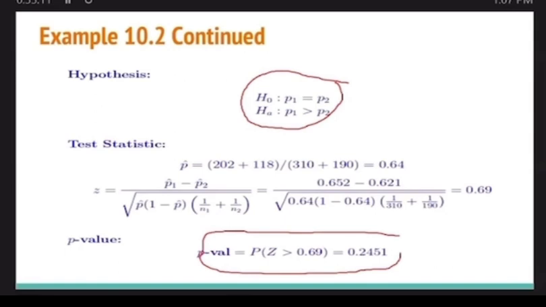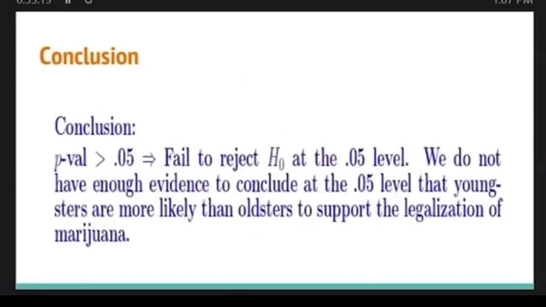Now, what is going to be the conclusion? Take a look at my conclusion. Because the p-value is greater than 0.05, we fail to reject H naught at 0.05. When an accused person is declared by the court to be not guilty, that doesn't mean he is not guilty by nature, because nature knows the truth.